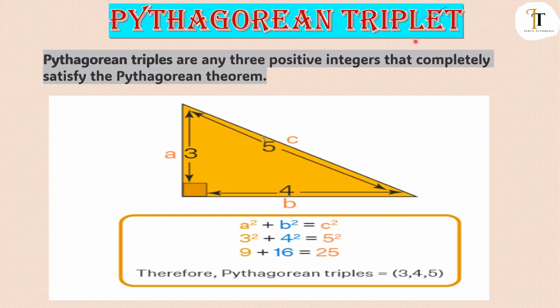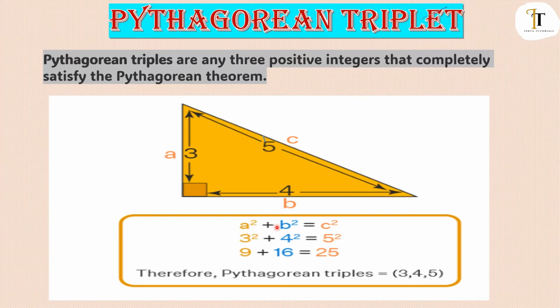Pythagorean triplet. Let's understand with the help of an example. In this triangle, we have three sides A, B and C, and A is equal to 3, B is equal to 4 and C is equal to 5. Now Pythagorean triplets are any three positive integers that completely satisfy the Pythagorean theorem. Now the Pythagorean theorem states that the square of the hypotenuse must be equal to the sum of the squares of the other two sides.